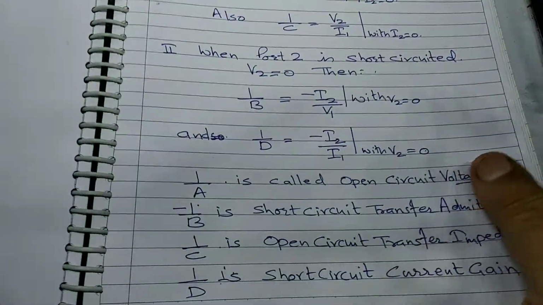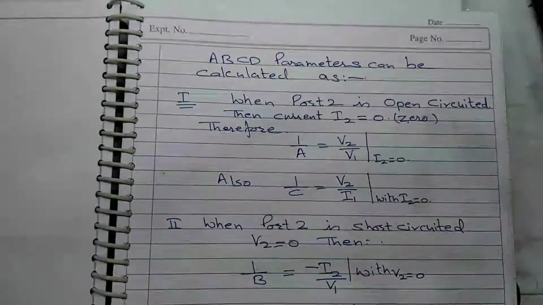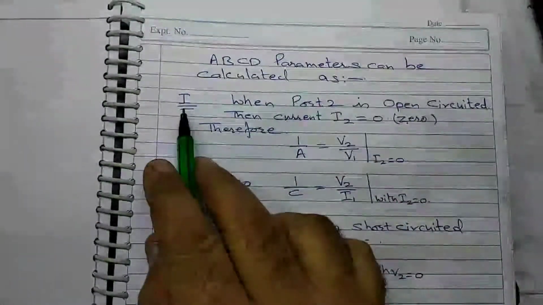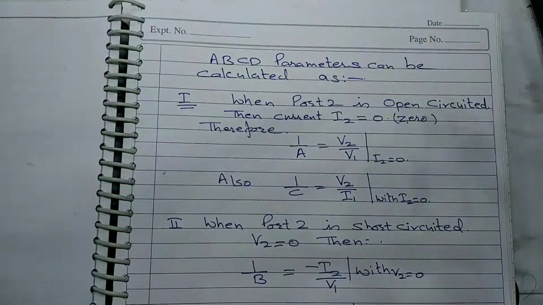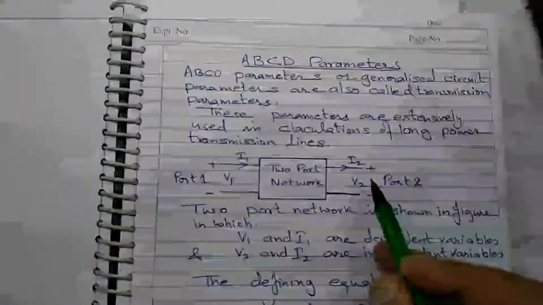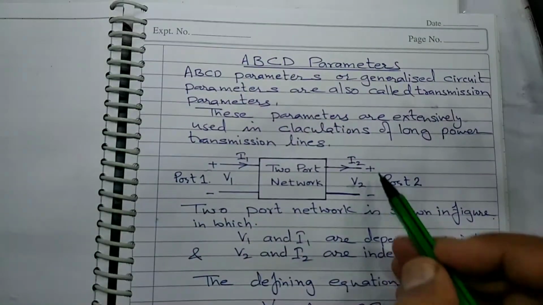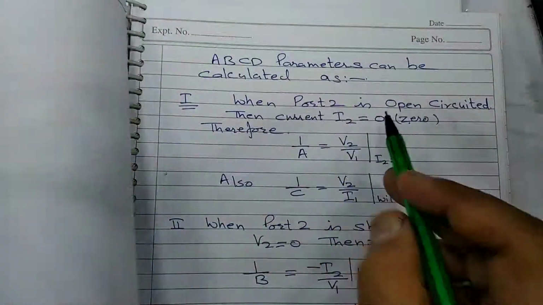Now let us calculate the ABCD parameters. ABCD parameters can be calculated as, first, when port 2 is open circuited. When this port is open, that means I2 is 0.